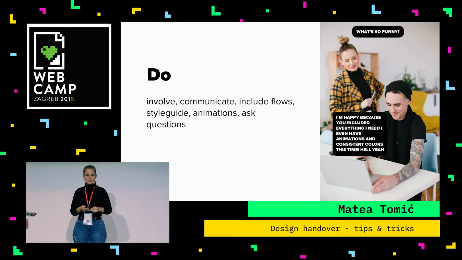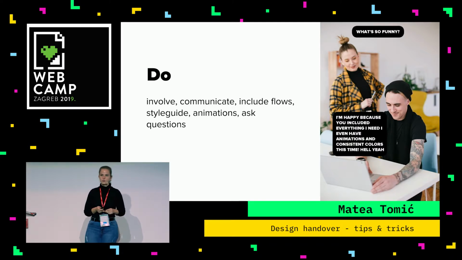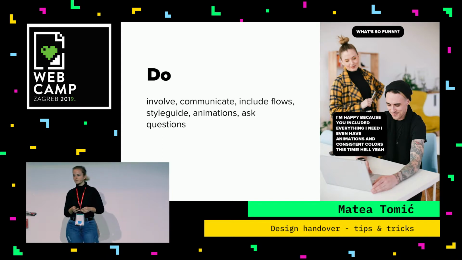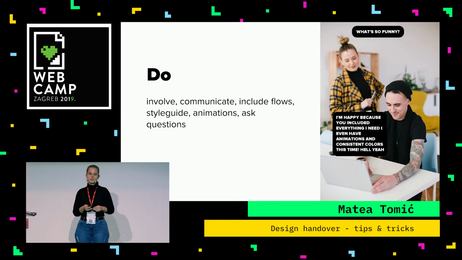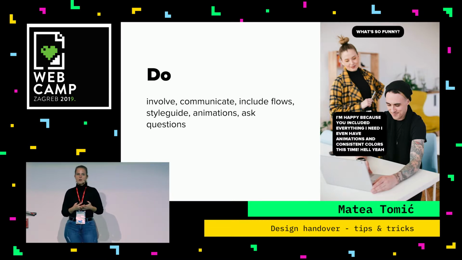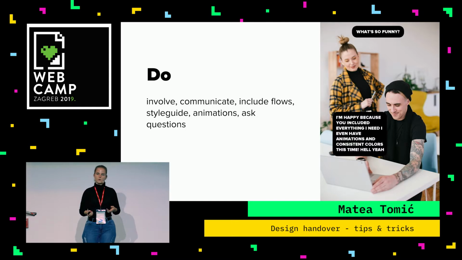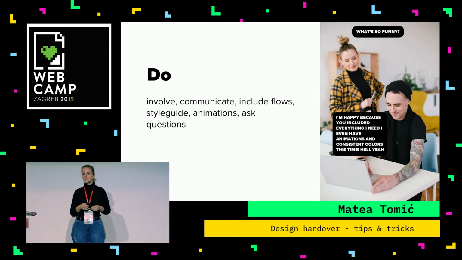In my projects, I like to use style guides. I like to use them because in one place I have all the fonts, all the colors, and all of the components. They can be as simple as some inputs or some buttons.